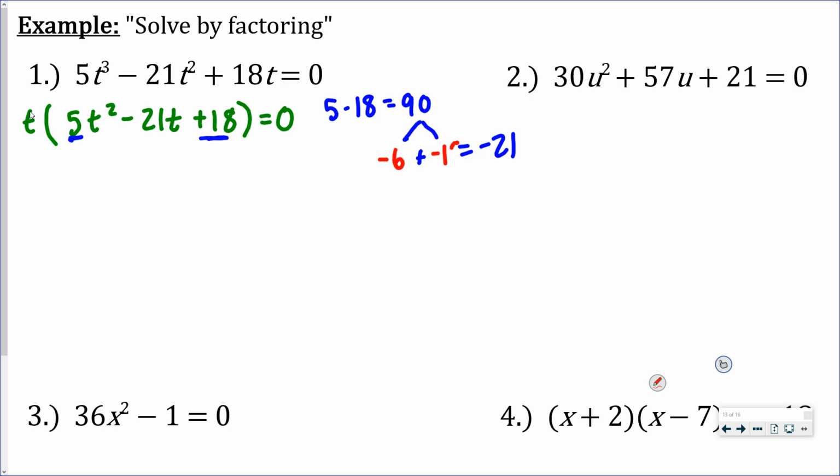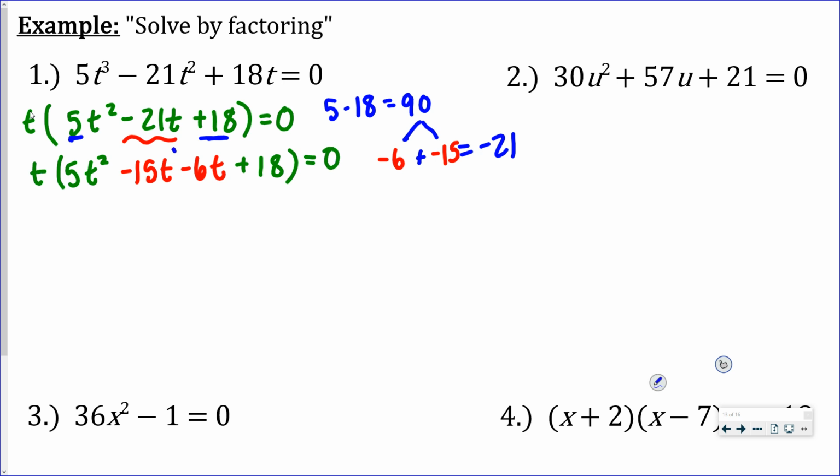Say thanks, Carter. Thank you, Carter. Okay, so we're going to split up that middle term. Doesn't matter which one you put first. -15t minus 6t. Make sure it matches the variable. It does. 5t squared plus 18.